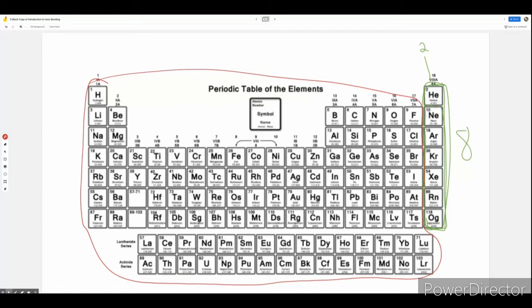If you start over here at sodium, right? Sodium is in between argon as a noble gas, and then if I kind of go back around the other way, neon is a noble gas. It's between number 10 and number 18. Those are the 2 noble gases closest to sodium.